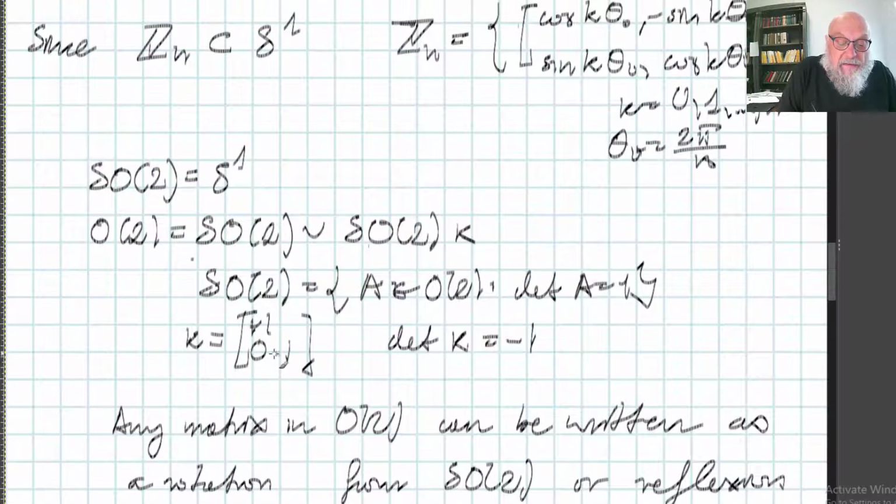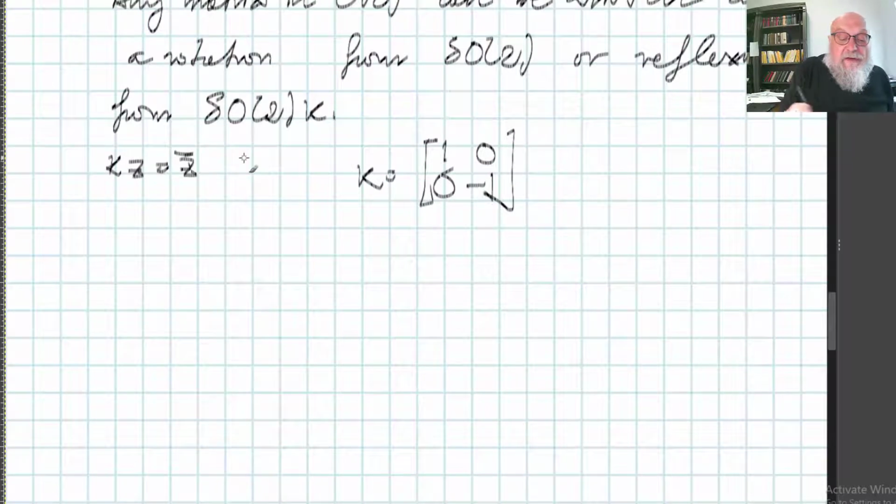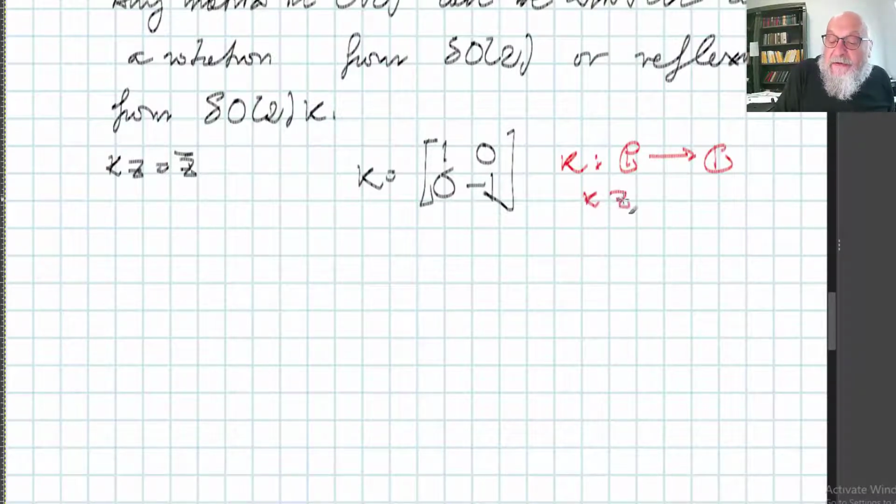Rather plus, and this is minus. So let's correct it. This kappa is exactly 1 here, and this is minus 1 here. Sorry. So this is a complex conjugation. Kappa is a linear map that goes from the complex numbers to complex numbers, and kappa of z gives you the conjugated number.